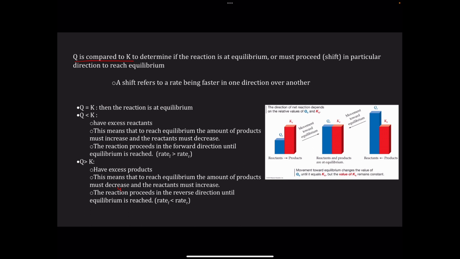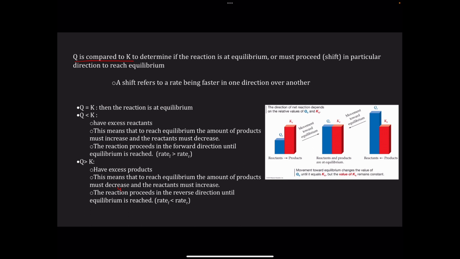So with Q, we come across three scenarios. Q could be equal to K. When that's the case, we are at equilibrium, that we have reached that ratio that indicates equilibrium. If Q is less than K, that means that at that particular point in time, we have more reactants present than what we would have at equilibrium.